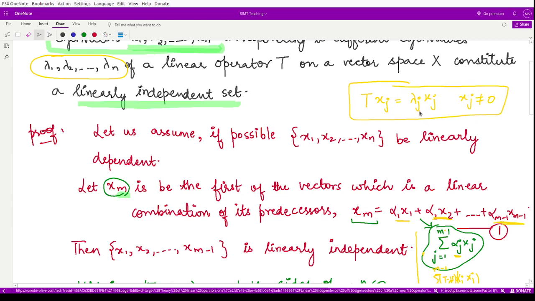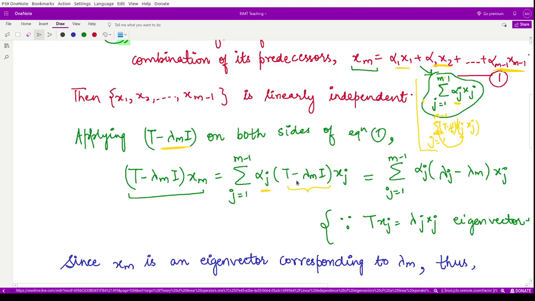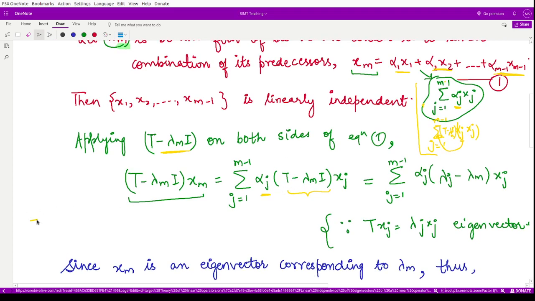Here lambda j represents the eigenvalue and xj the eigenvector, which should not be 0. So you may replace T xj by lambda j xj over here, according to the definition of eigenvector.